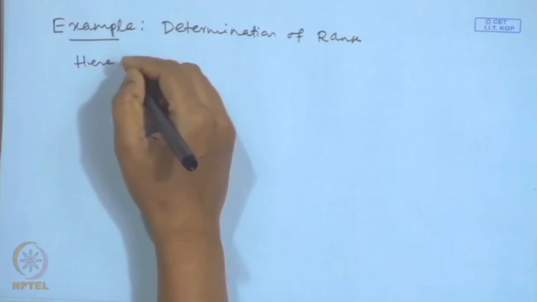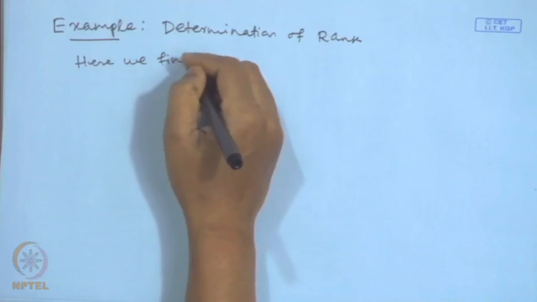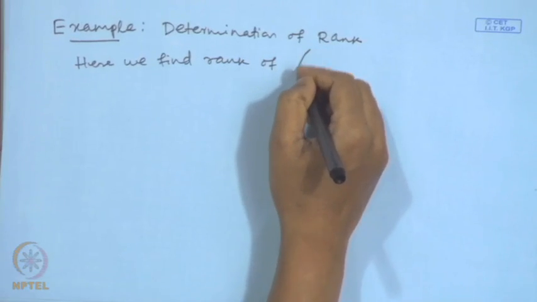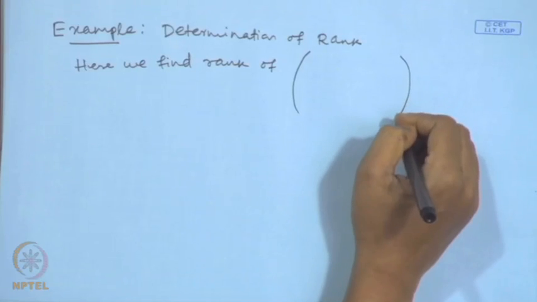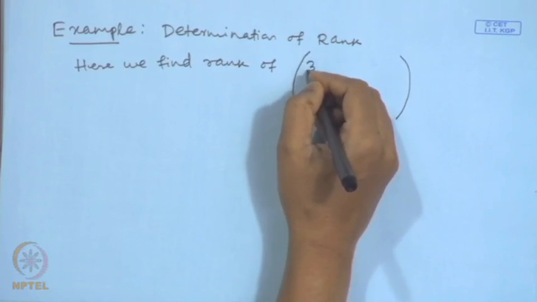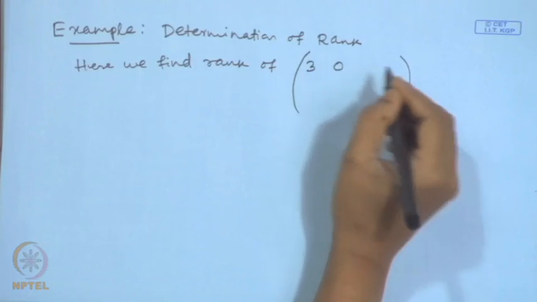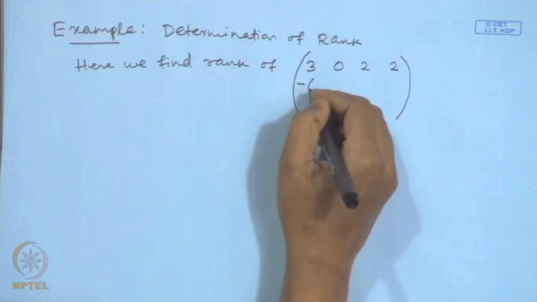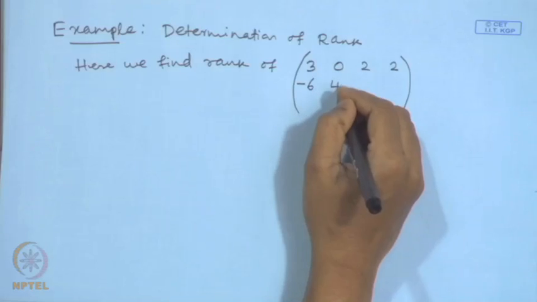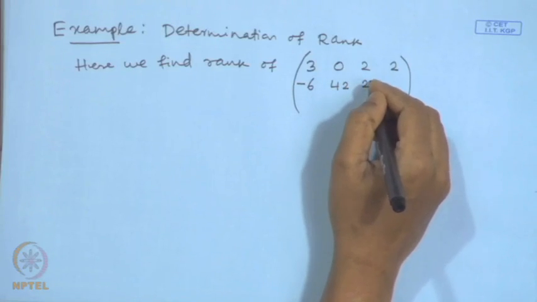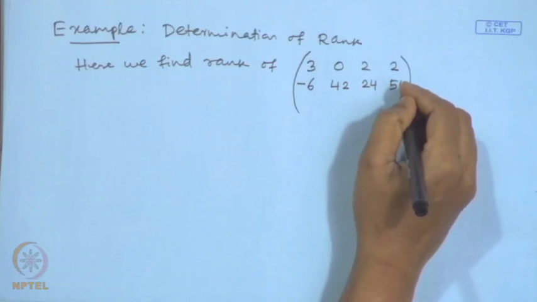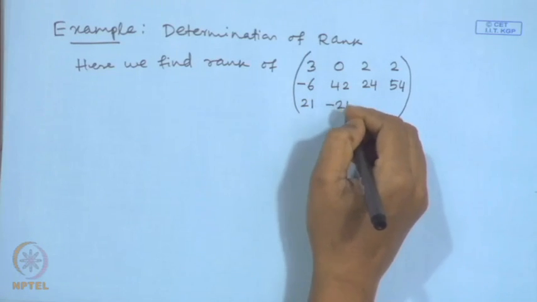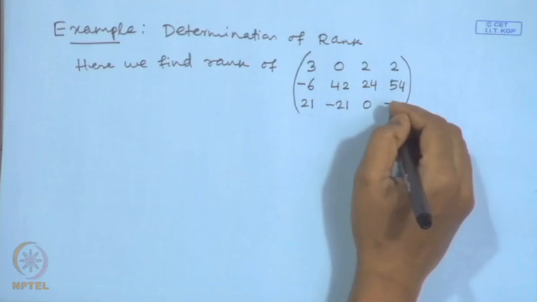Here we find the rank of this matrix, that is, the entries are 3 0 2 2, minus 6 42 24, 54 21 minus 21 0 minus 15.